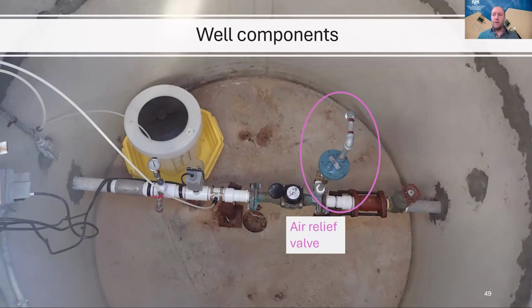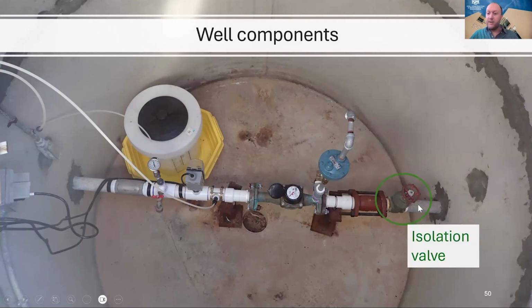And so that can escape and create air bubbles that get trapped in the system. So it's important to give them an opportunity to leave the pipe through an air relief valve. Also, if this water is flowing directly to a storage tank, that would also let the air release from that pipe too.